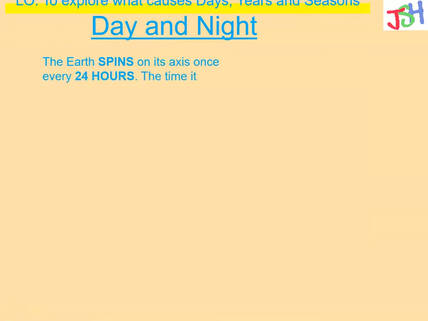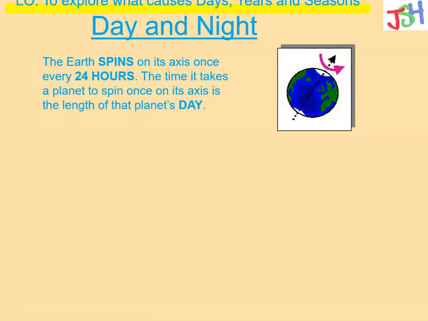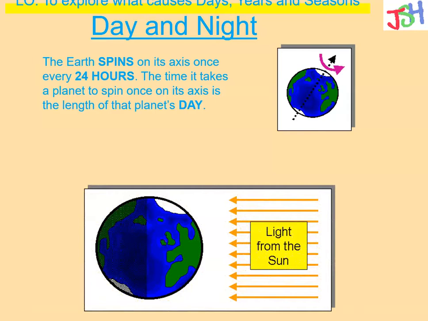Why do we have day and night? It takes the Earth 24 hours to spin around its axis. So the time it takes for a planet to spin once on its axis is the length of that planet's day. Because it takes the Earth 24 hours to spin round its axis, that is 1 day on Earth.